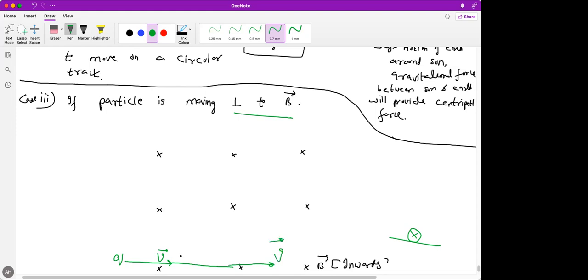Apply the right hand thumb rule and write the direction of force. What will be the direction of force? Left, right, up, down, inwards or outwards? We just have discussed the right hand thumb rule.